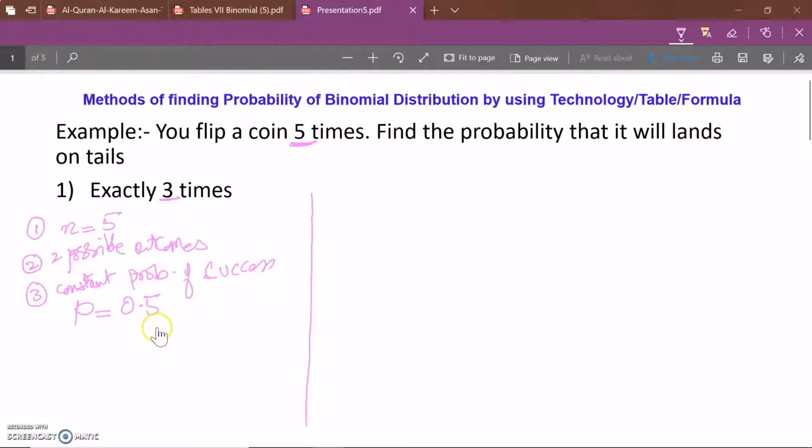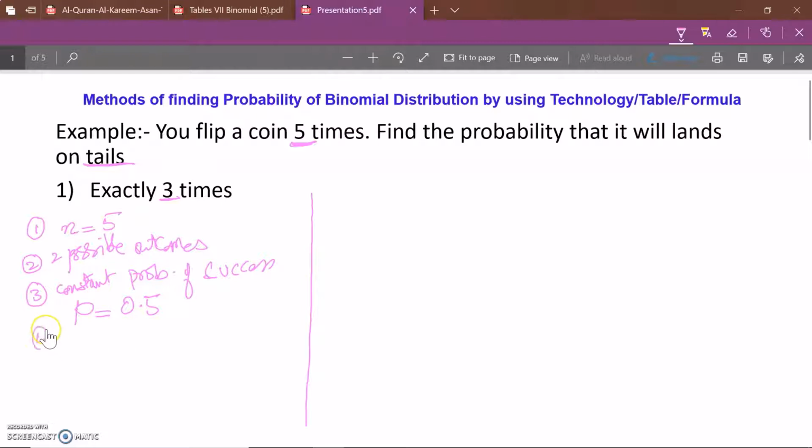When you flip a coin, there is a 50% chance the coin will land on tails, and a 50% chance it will land on heads. So the probability of success is constant. In this situation, our success occurs when the coin lands on tails. That's our success, and if the coin lands on heads, it is our failure in this particular problem.